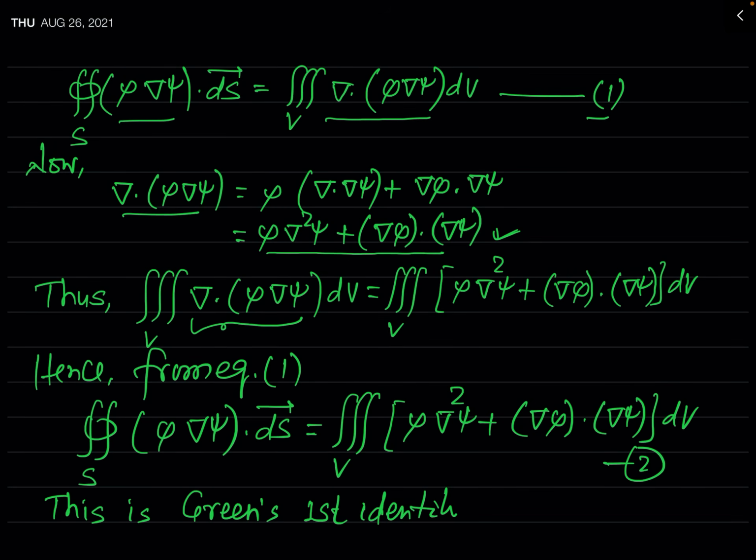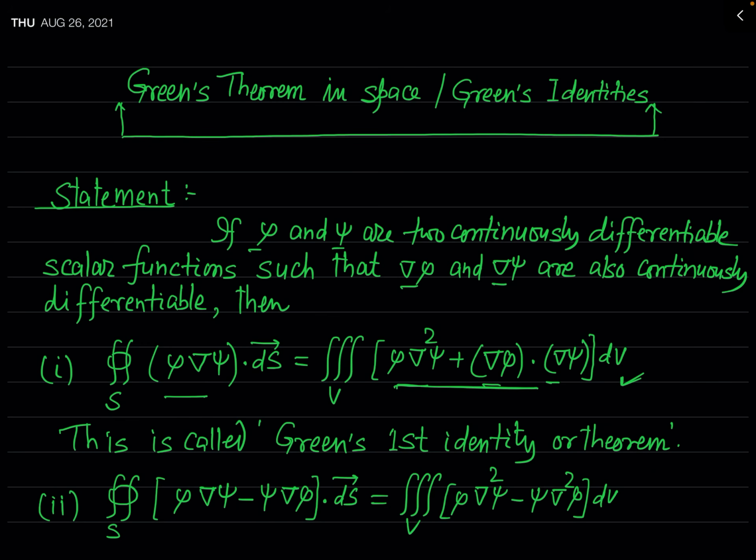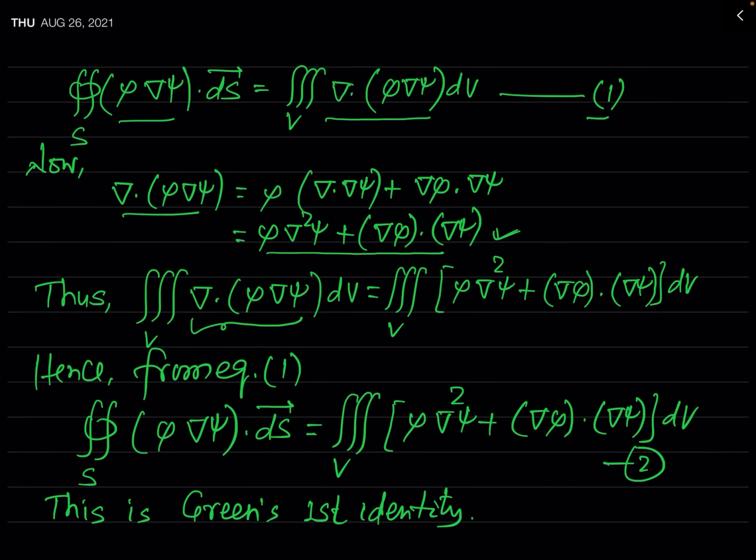So you can see how easily we can prove or derive the Green's first identity by the use of Gauss's divergence theorem. Now our aim is to establish the second Green's identity, which I have mentioned here. You can see this is second Green's identity, and actually we can very easily establish it.